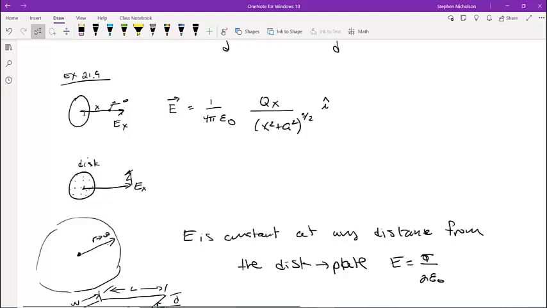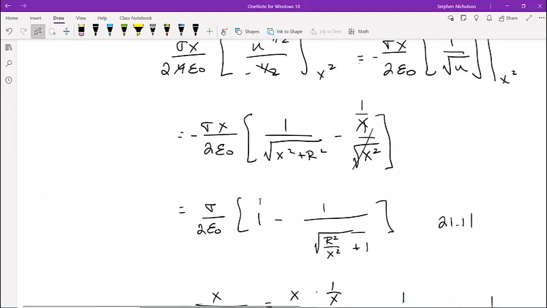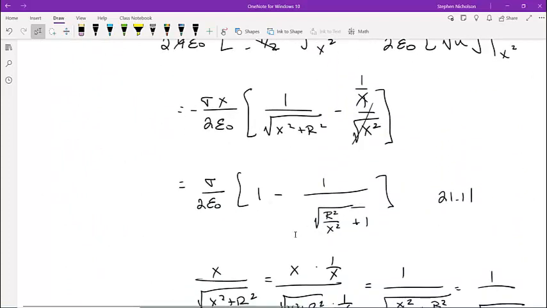A was the radius of the ring, so that's really r. Then what we did is we stacked all these little rings together into a disk to find the electric field at some distance from a disk of finite radius. That's the integration we did here. We came up with this expression.